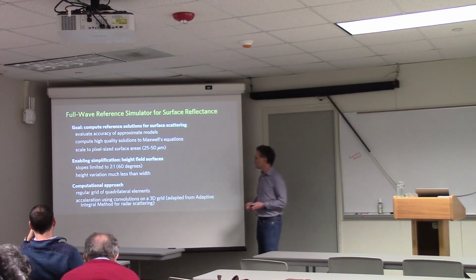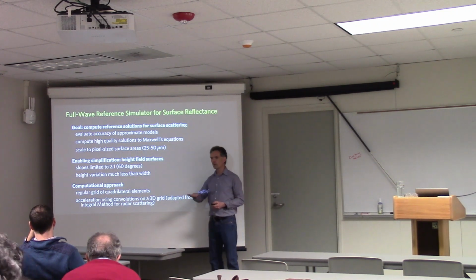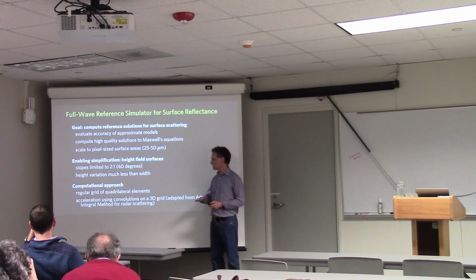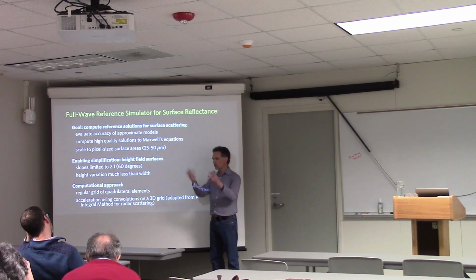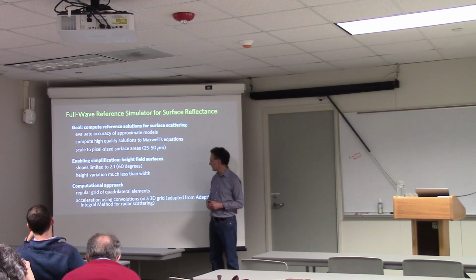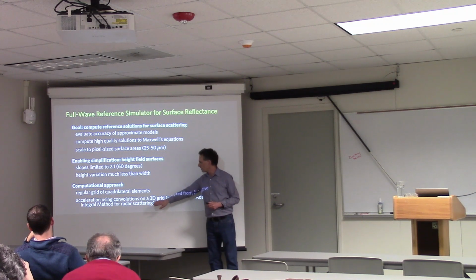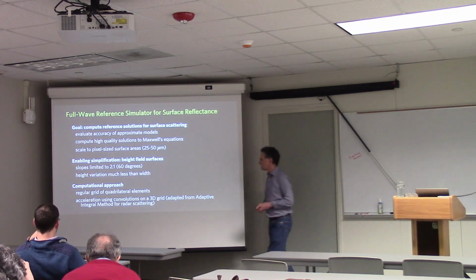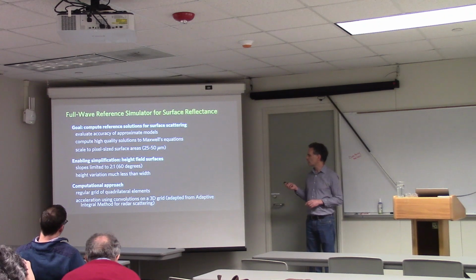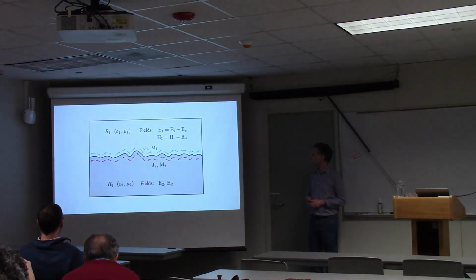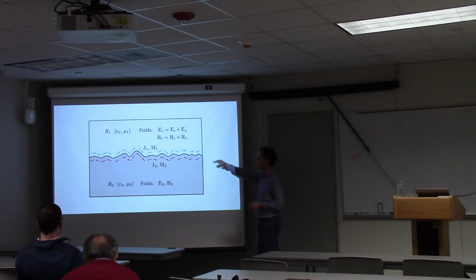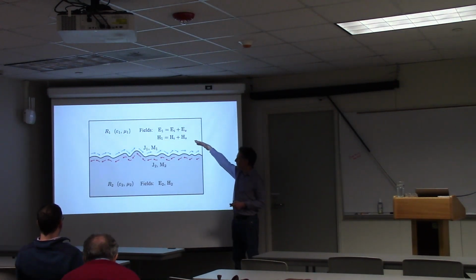So the computational approach is to apply the boundary element method again, except this time it's on a surface rather than a closed contour. And one of the things that makes it work is a scheme for accelerating the matrix multiplies that are part of the solve.